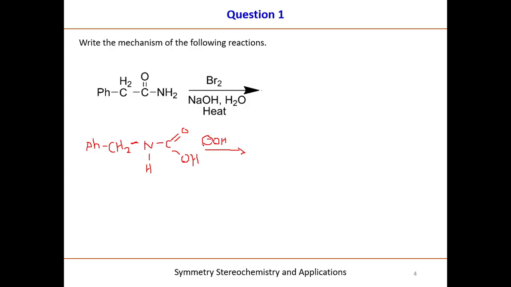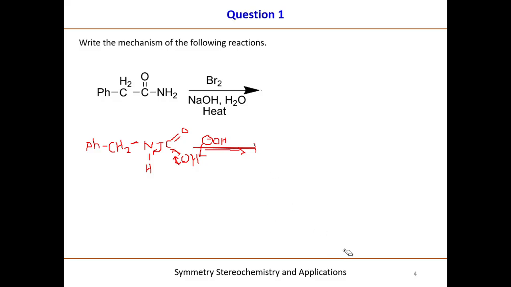It will take the proton from here, and this will take place here. This is the arrow. Okay. So CO2 release will take place here. So what will we get here?